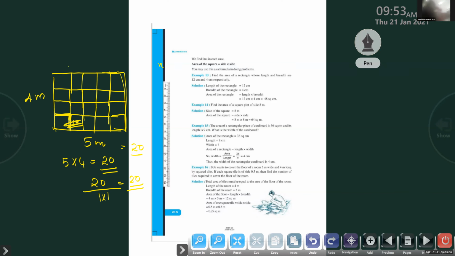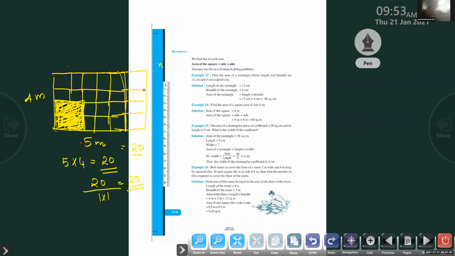If it is 2 meter, the tile is of 2 meter length and breadth. See, children, if it is a big tile, the number of tiles will vary, right? How many tiles are required here?